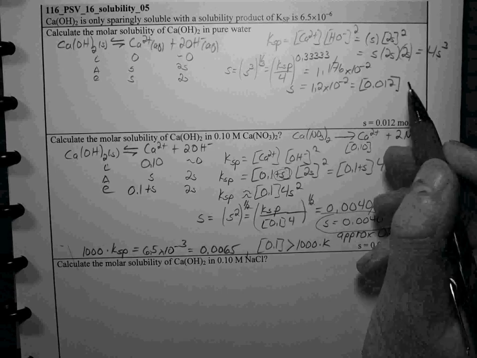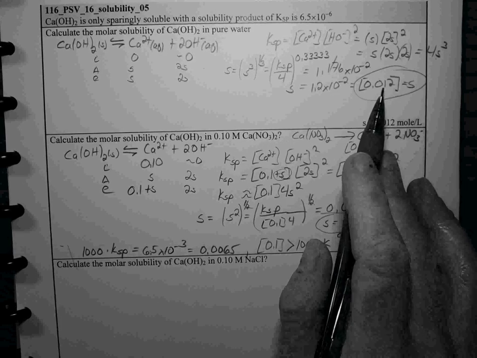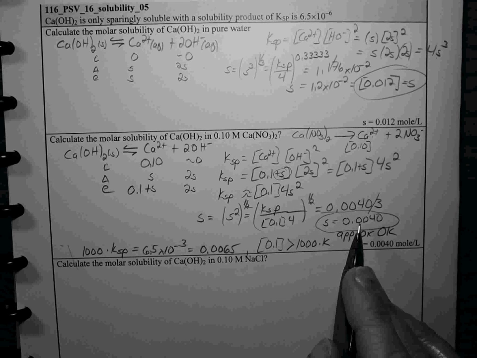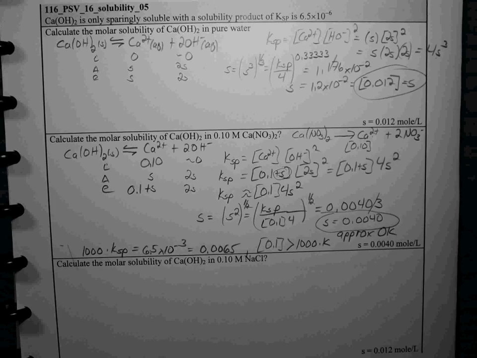So let's compare these two values. In pure water, we have a solubility of 0.012, and with a little bit of the common ion, the solubility is much lower.